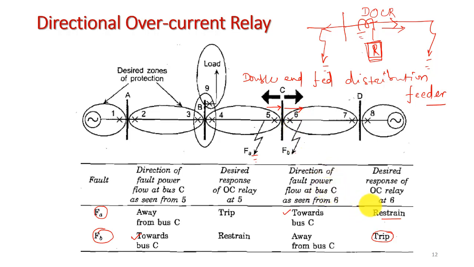And the desired operation of relay 5 for FB is restrain, since the power flow is towards bus C.